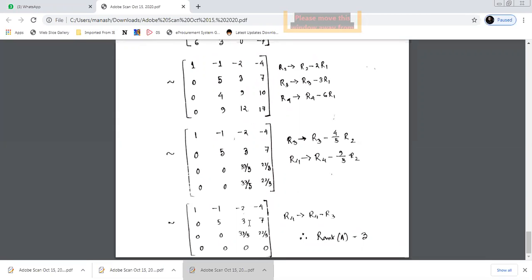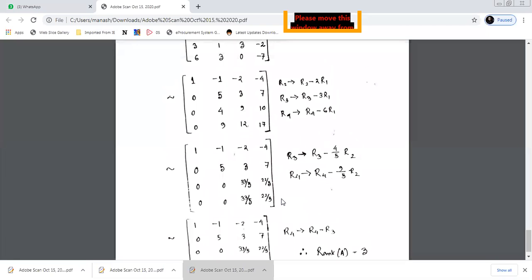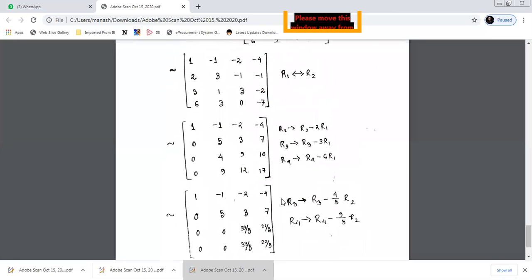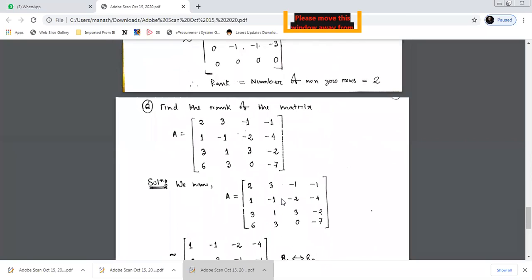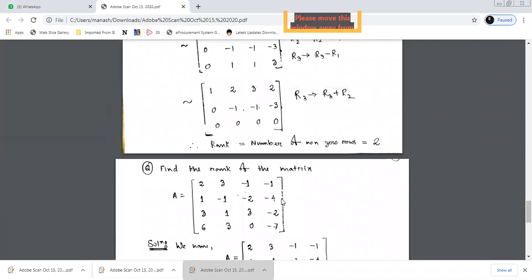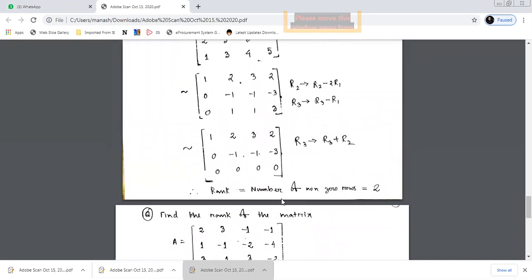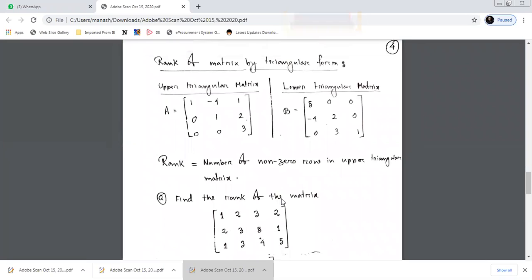ECHELON. This form is also called echelon form. So in this way we can find out the rank of a matrix by using the triangular method, or echelon form.